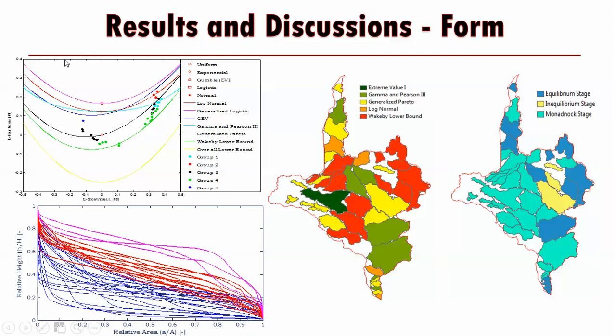So this is a moment ratio diagram, with the coefficient of kurtosis on the y-axis and the coefficient of skewness on the x-axis. These curves represent 3-parameter distribution types, and the dot points represent 2-parameter distribution types.